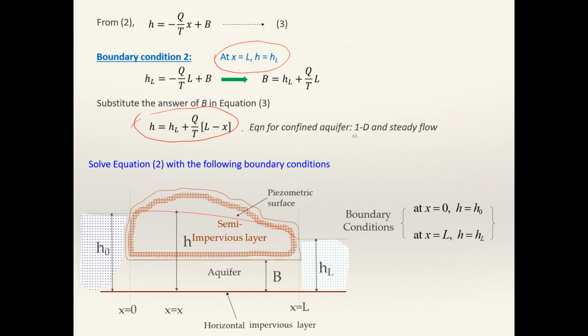You don't have to stick only to these boundary conditions. For example, here I have given you another set of boundary conditions. When you do your homework, I need you to use these two boundary conditions and get a similar equation like this. All right. So that is a homework.